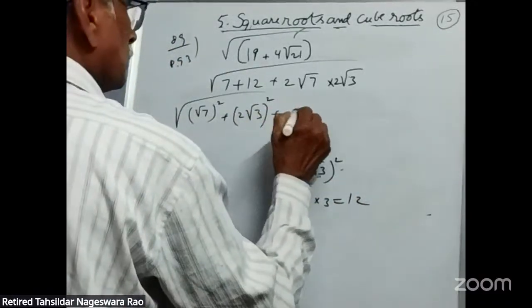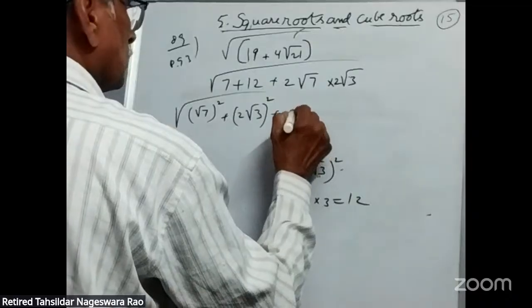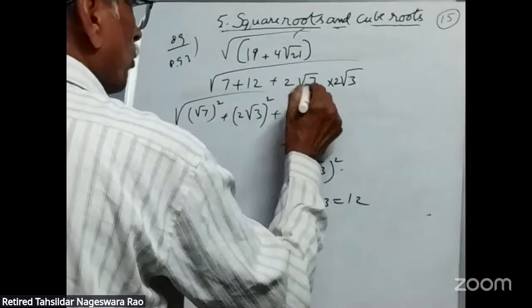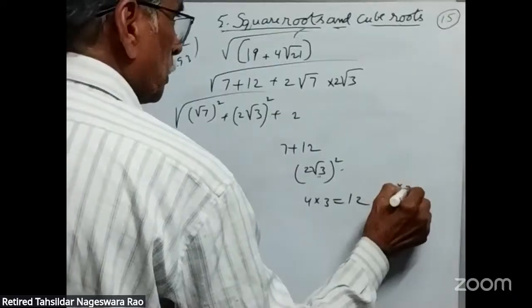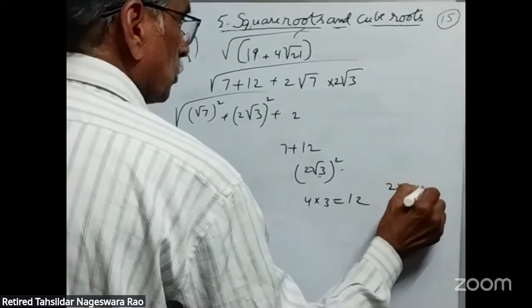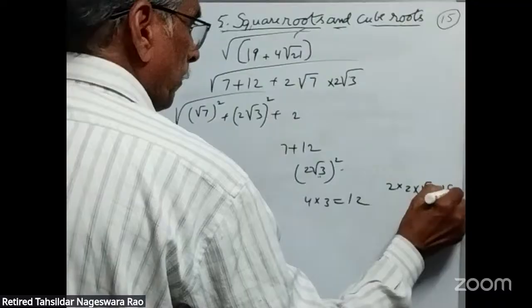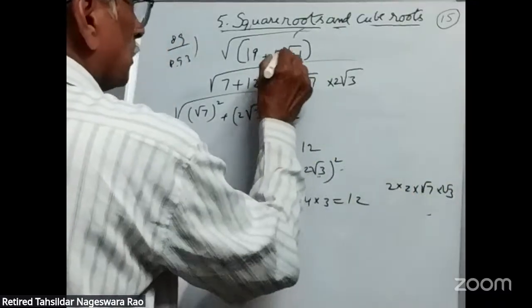Plus this one, keep it here, no problem: 2 into 2 into √7 into √3, which is 4√21.